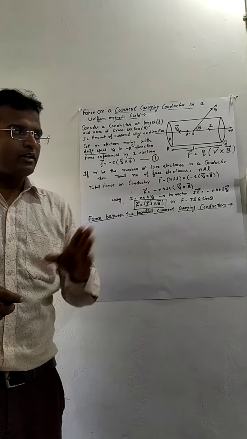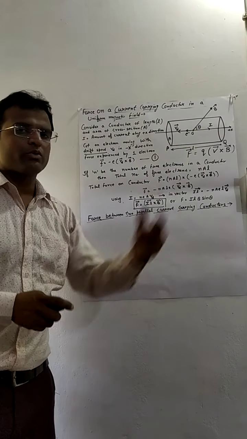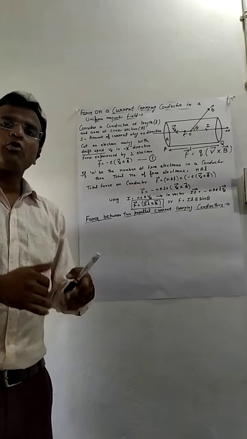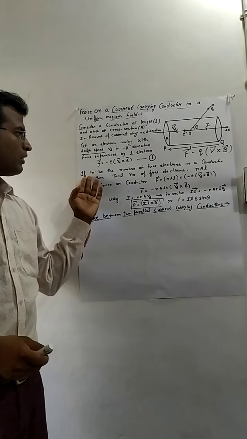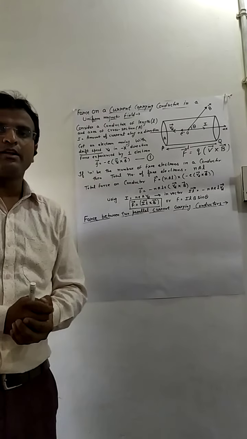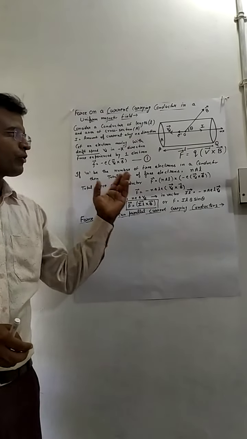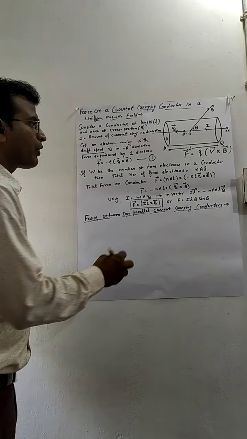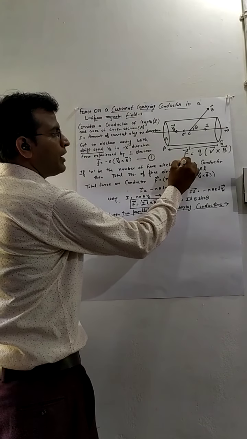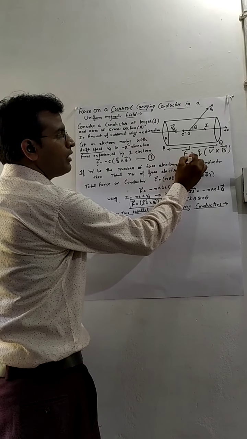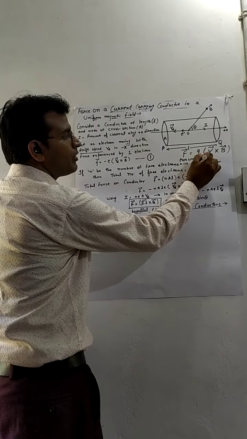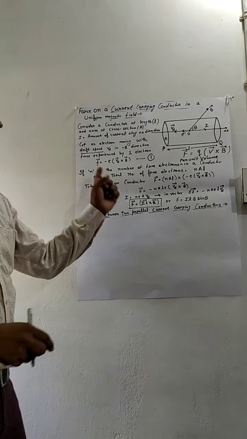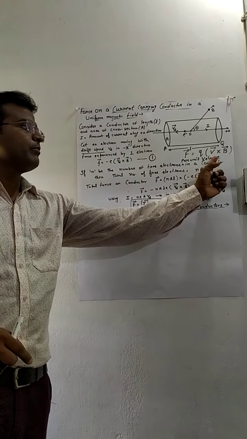We know that a conductor consists of a large number of electrons, not a single electron. So first we calculate the number of electrons. Small n indicates the number density, the number of electrons per unit volume in a conductor.